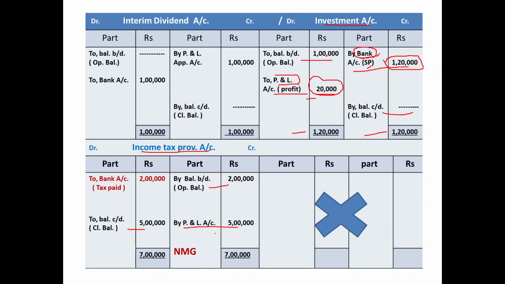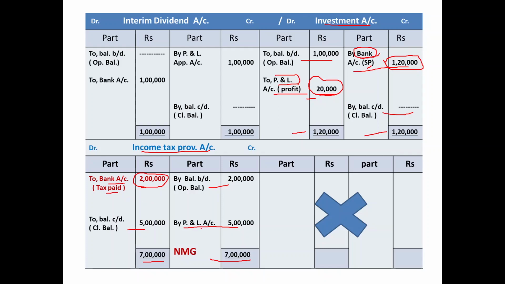Close the account. Credit side looks bigger, 7 lakhs. Put it on the debit side, 7 lakhs. That gives a balancing figure of rupees 2 lakh on the debit side. What it could be? It must be the income tax paid in the current year. Journal entry income tax provision account debited to bank account credited tax paid.